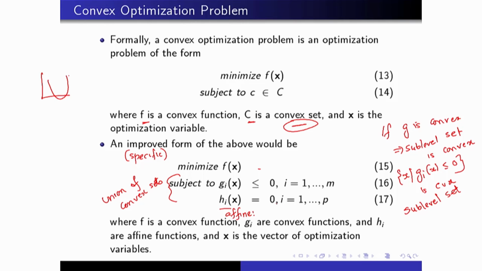Any equality constraint h_i(x) equal to 0 could be written as two inequality constraints, h_i(x) less than or equal to 0 and minus h_i(x) less than or equal to 0, which means both h_i(x) and minus h_i(x) being convex is desirable. Both being convex would mean that h_i(x) must be linear or affine. We will consider affine to be just linear functions.